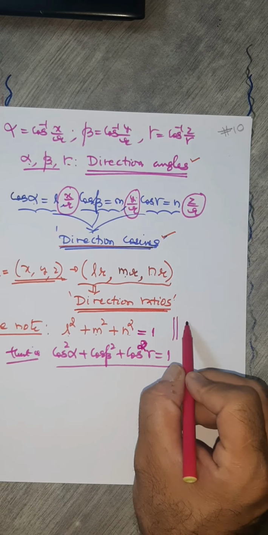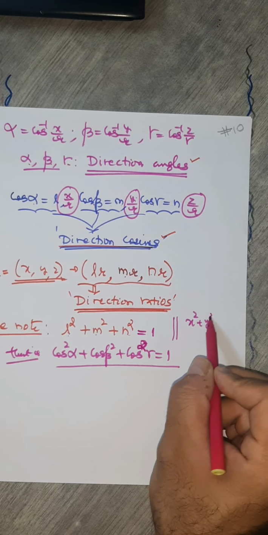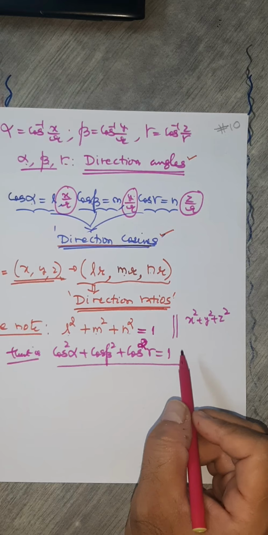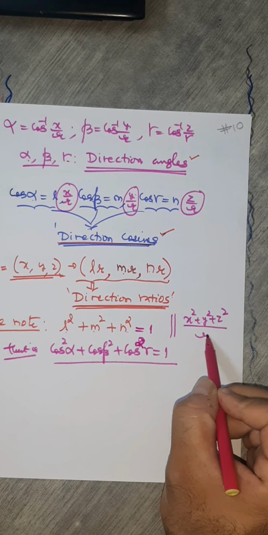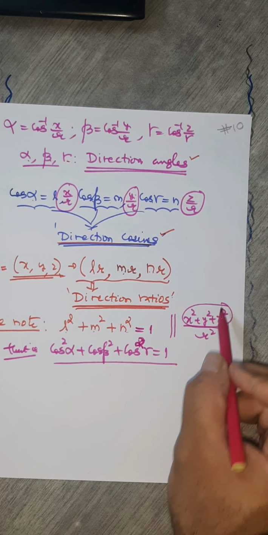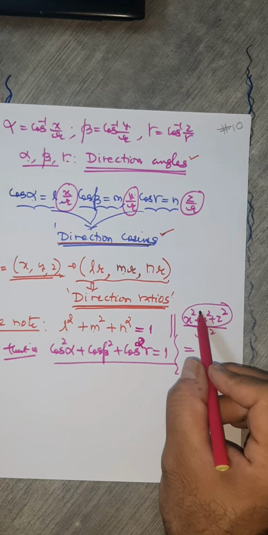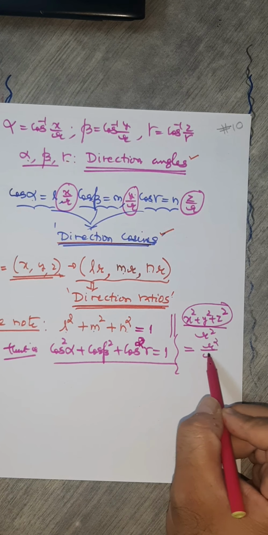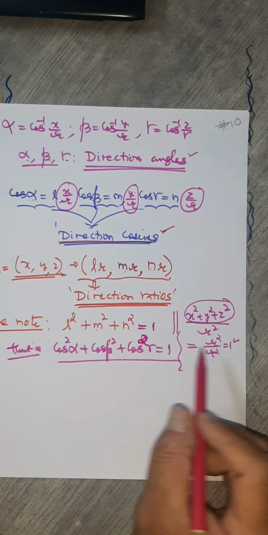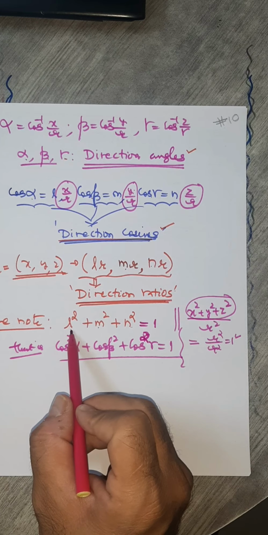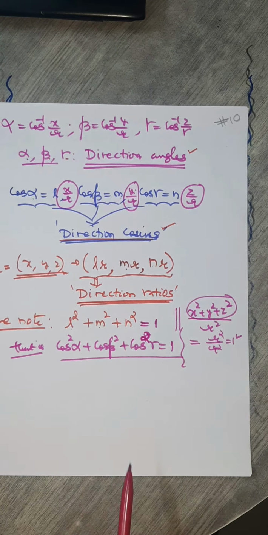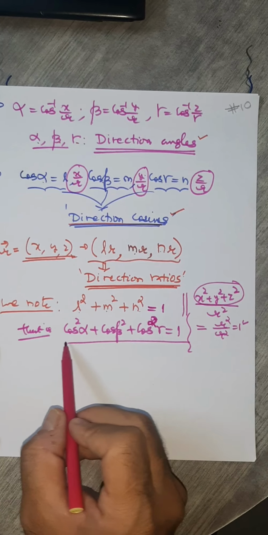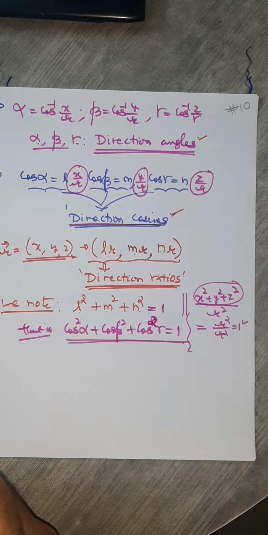And what is x square plus y square plus z square? That is the magnitude square, r square, so r square upon r square gives us 1. In short, l, m, n is a unit vector, and therefore the magnitude has to be 1, remember.